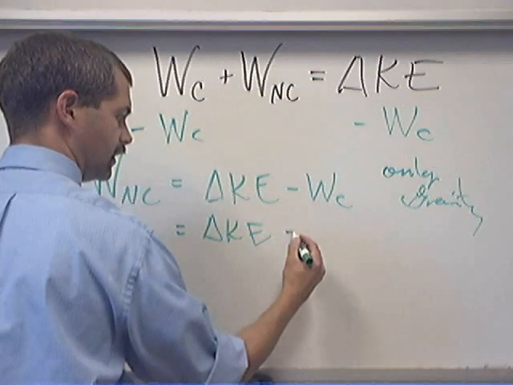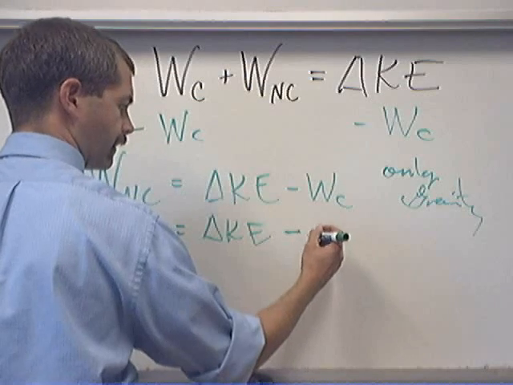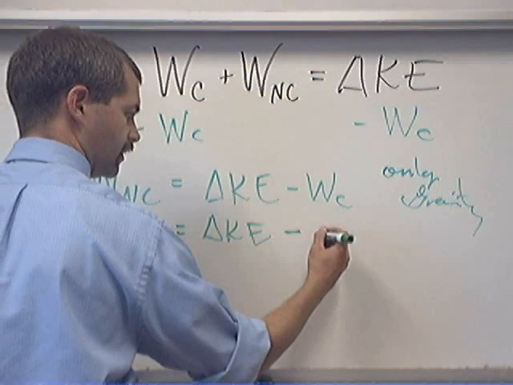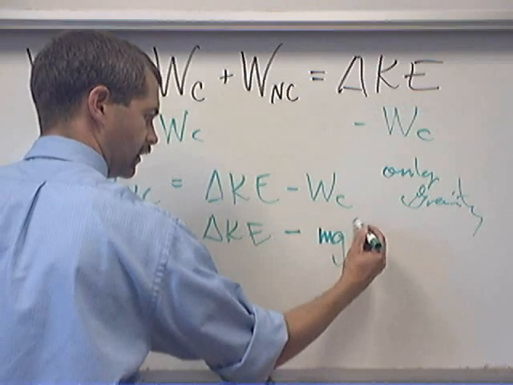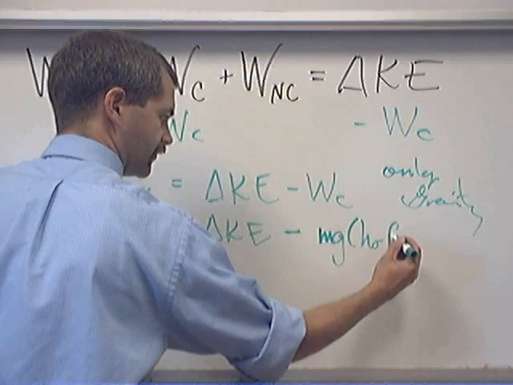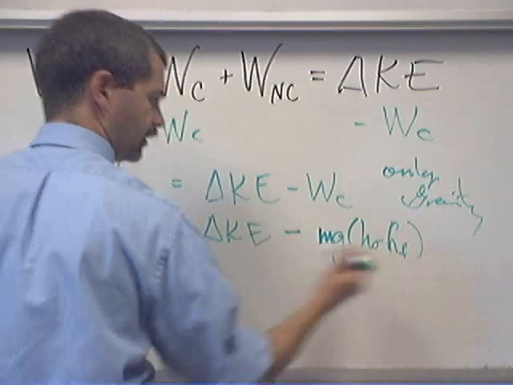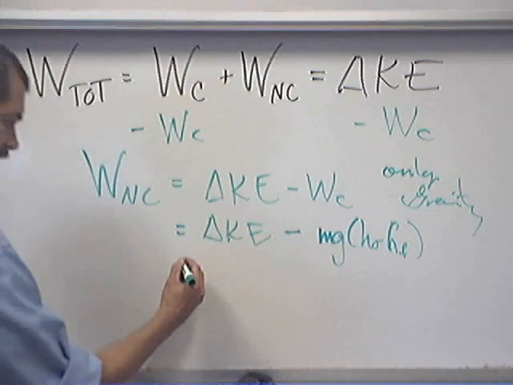This is the minus, what was that, mg(h initial minus h final) from my gravity. Let's do a little bit of math here.